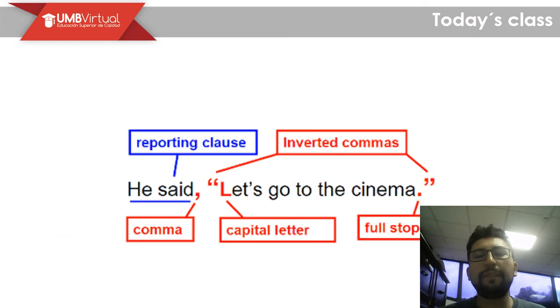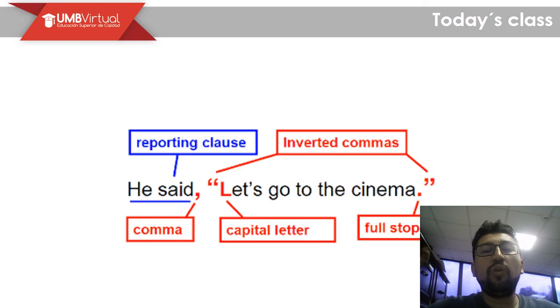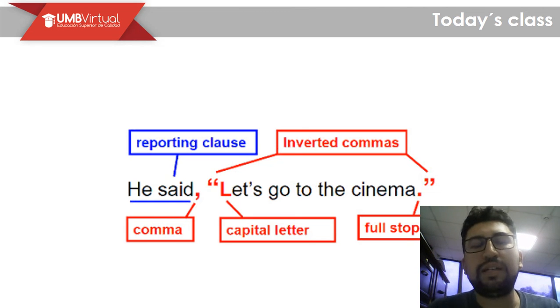Okay, guys, this is a more graphic way in which we can look at direct speech. He said, "Let's go to the cinema." Whenever you finish the quoting, you have to put a full stop indicating that everything is done. And inverted commas or quotes, which is the same thing, are just to say exactly the same words, literally what the person said.